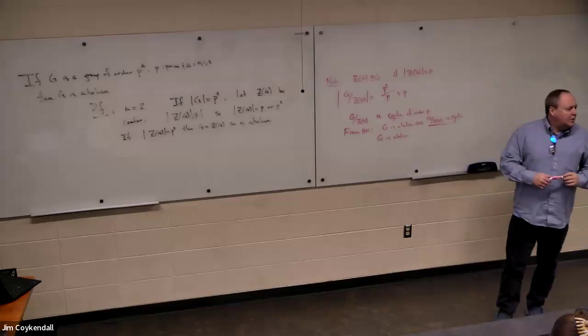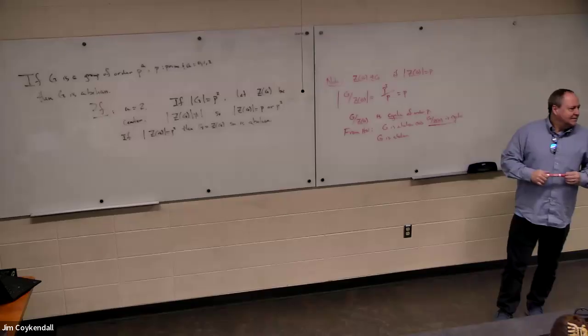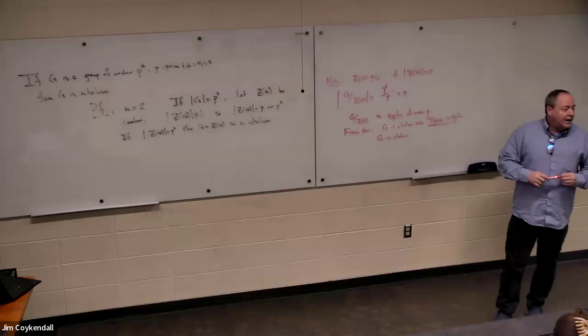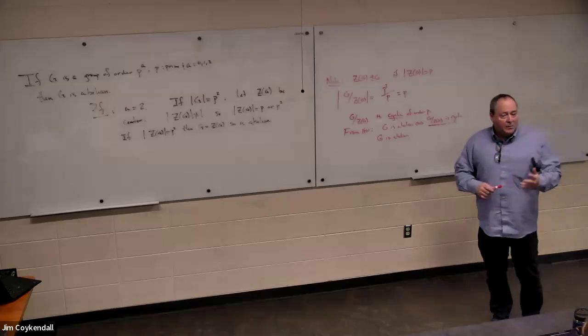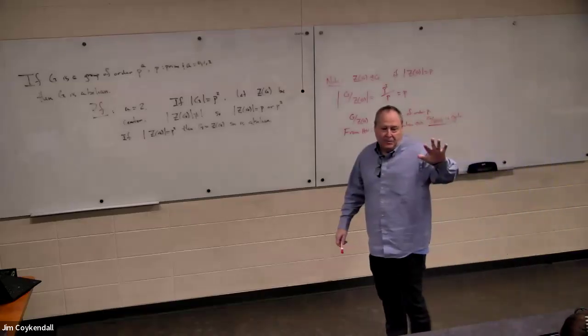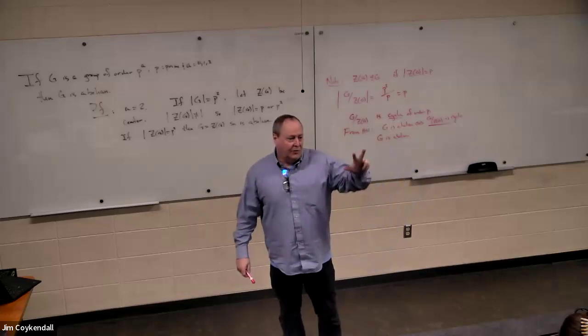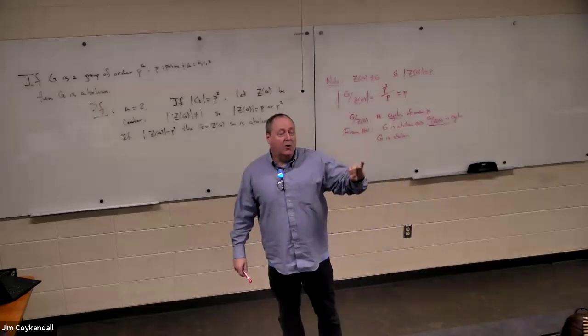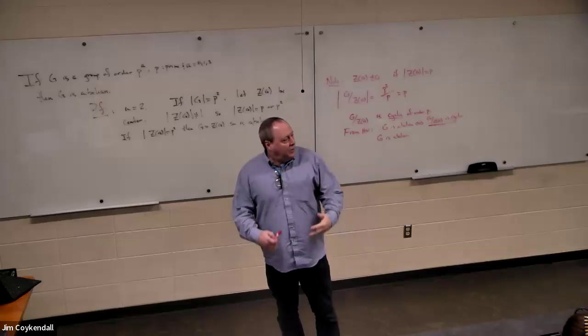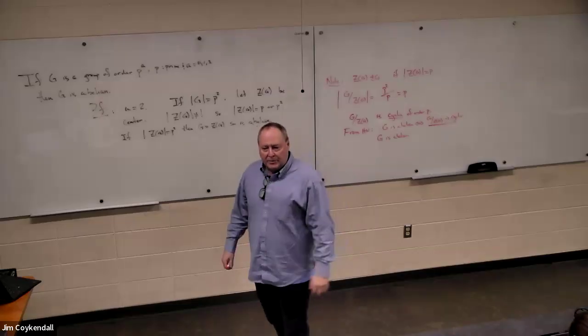Do you know how many groups of order p cubed there are up to isomorphism? That one's a little trickier, right? It turns out that if you have a group of order p cubed, there's 5 things that can happen. 3 of them are abelian, 2 of them are non-abelian. How do you even open up that can of worms?